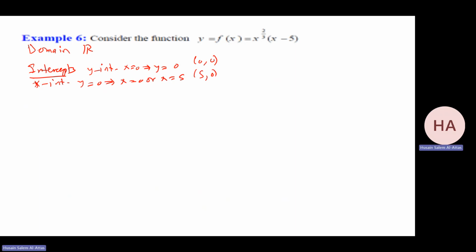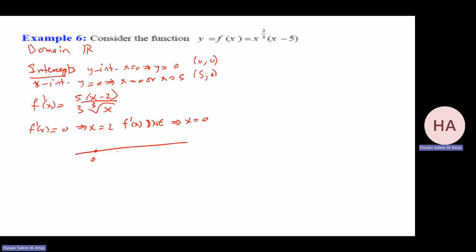Asymptotes: no asymptotes, no symmetry. We'll go to F prime. F prime will be something like this: 5x minus 2 over 3 cube root of x. So I have F prime equal 0 at x equals 2, and F prime does not exist at x equals 0.